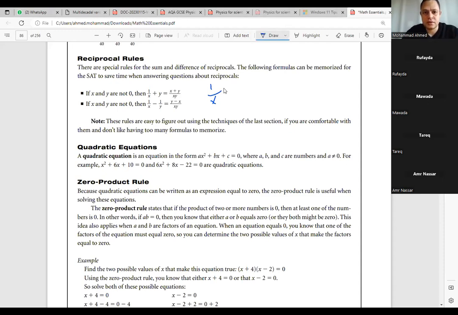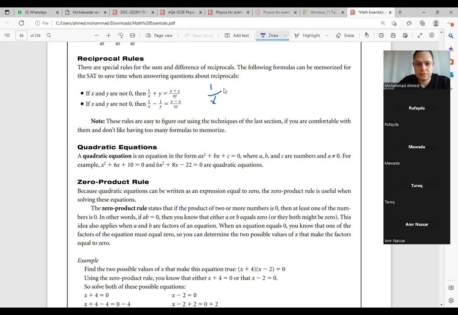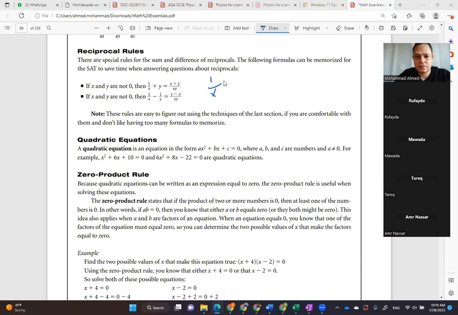You can't see anything. So let me make a new share. And now, do you see my screen now? I can, just type yes. Okay, perfect. Thank you.